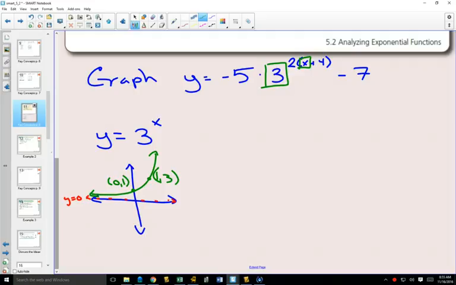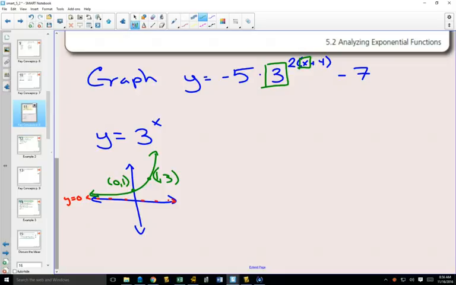So unless you can put 3 to the 2x plus 4 and write that as a number, you can't multiply by that -5 in front. But it will be so tempting. And some of you are going to fall into that temptation and multiply that 3 by that -5. It's going to happen. I'm warning you, don't do that. So sometimes putting that box around that 3 and the box around the x to say that's part of my parent graph helps remind you I shouldn't multiply that 3 by that -5.